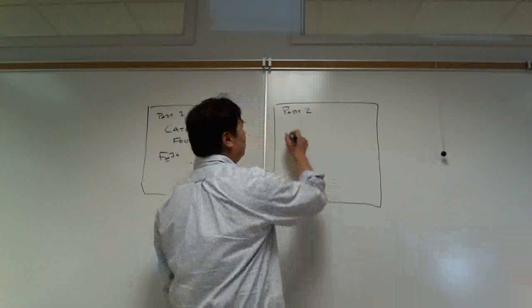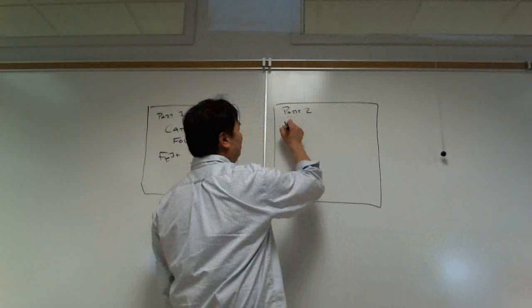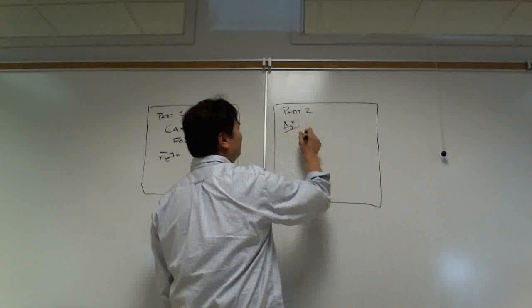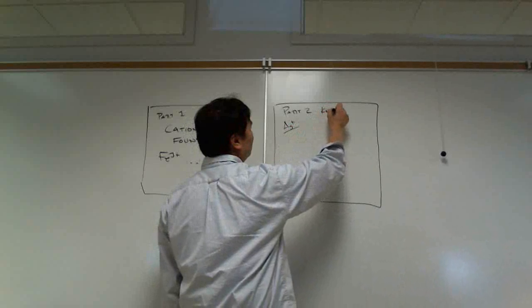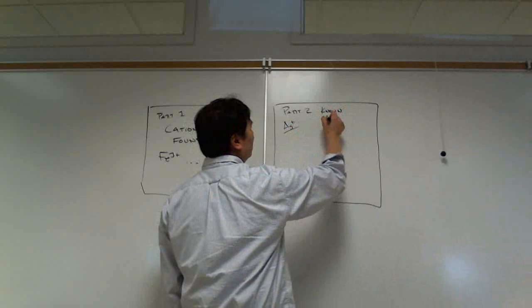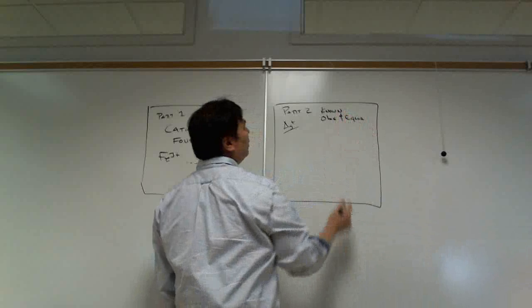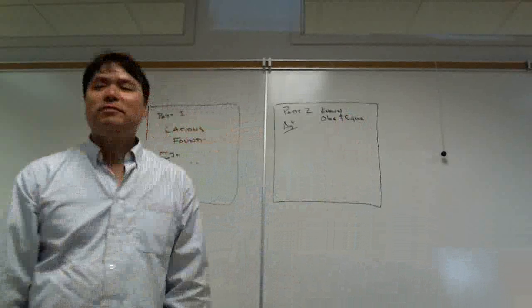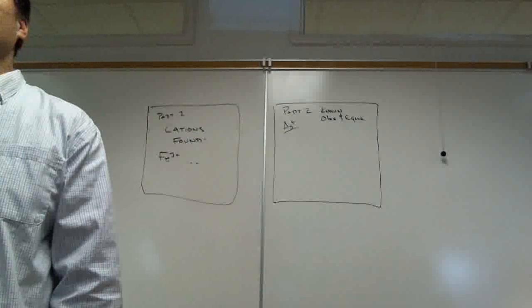For part 2, you would just go through all the known observations and equations, and you would list them.